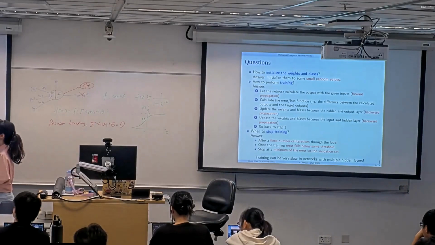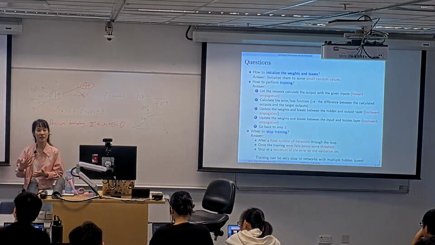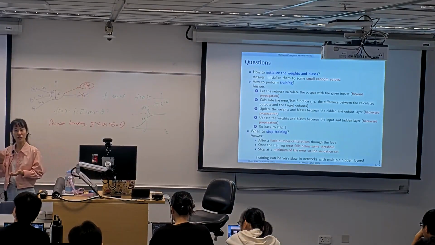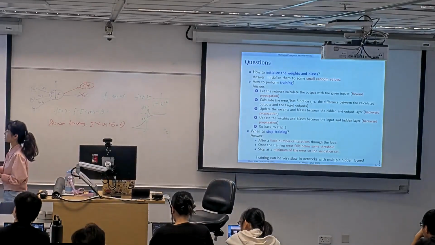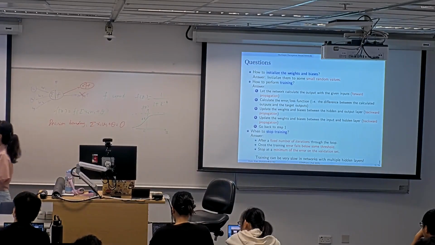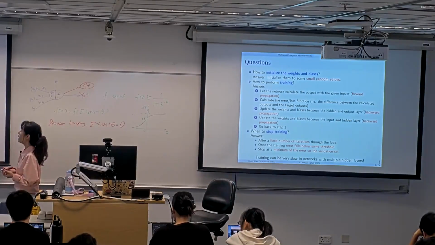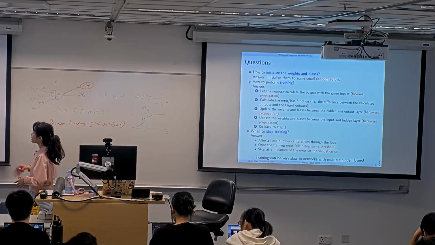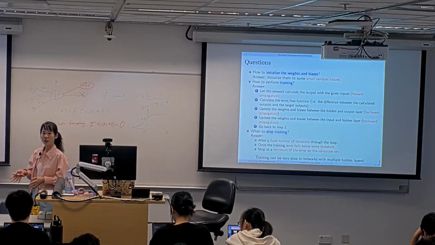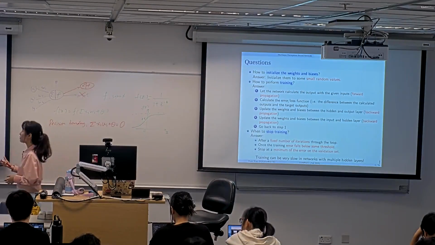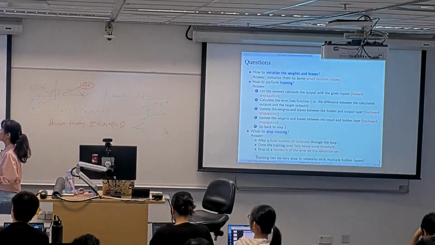Then it's training. Training means that you're dealing with training data, so of course you already know what the target label is. Then the second step, calculate the error or the loss function. That is the difference between the calculated outputs and the target outputs. Try to compare the true labels and the MLP's outputs.